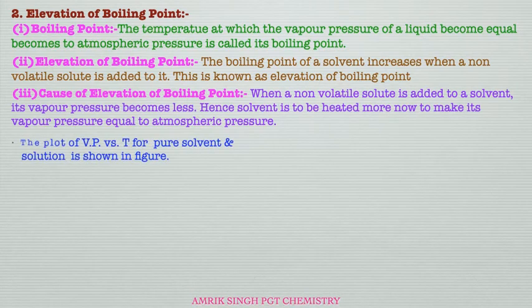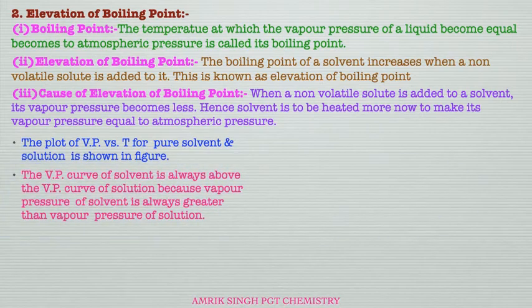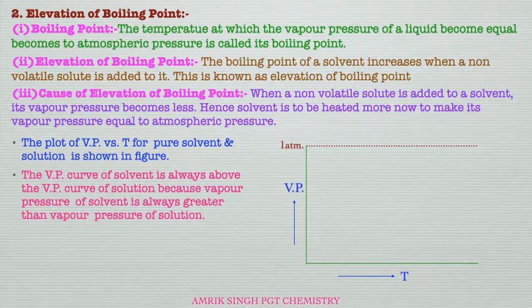The plot of vapor pressure versus temperature for pure solvent and solution is shown in the figure. The vapor pressure curve of solvent is always above the vapor pressure curve of solution, because the vapor pressure of solvent is always greater than the vapor pressure of solution. Let's see the graph. Along the x-axis is temperature and along the y-axis is vapor pressure, with the line at 1 atmosphere.